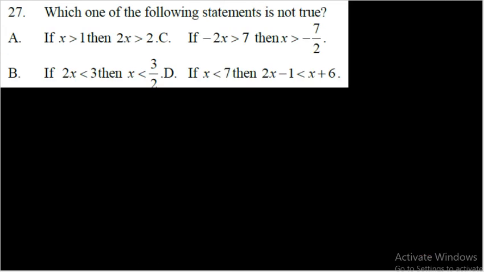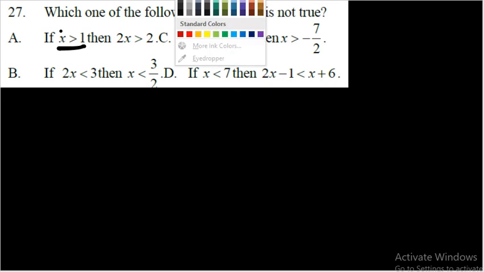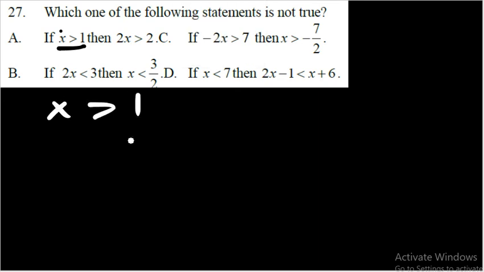Next question, which one of the following statements is not true? So A says if x greater than 1, then 2x greater than 2. Like if you multiply by 2. x greater than 1 means if I multiply by 2 both sides, 2x is greater than 2. It's obvious.